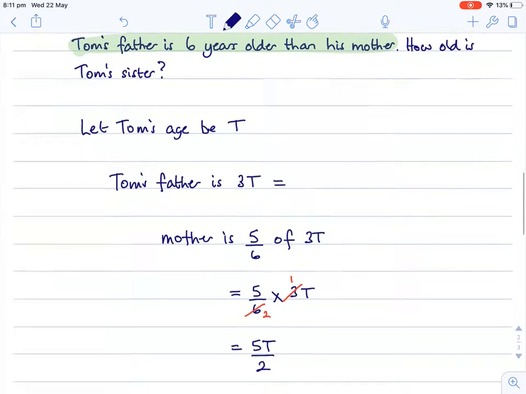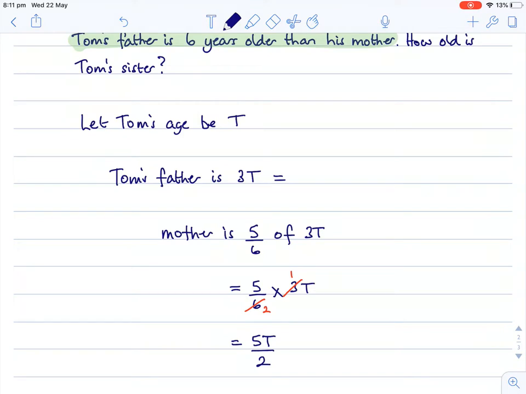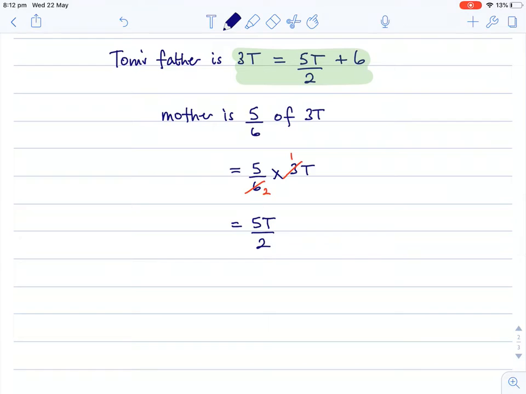Well, the mother is 5T over 2, and he's 6 years older than that, so that's plus 6. So what I have here is an equation, and I can actually solve that equation to find the value of T. So let me write that down a little bit lower. So we've got 3T is equal to 5T over 2 plus the 6.